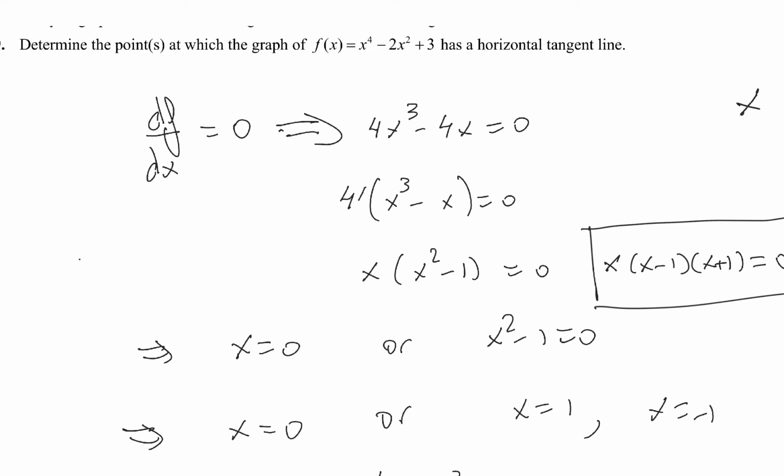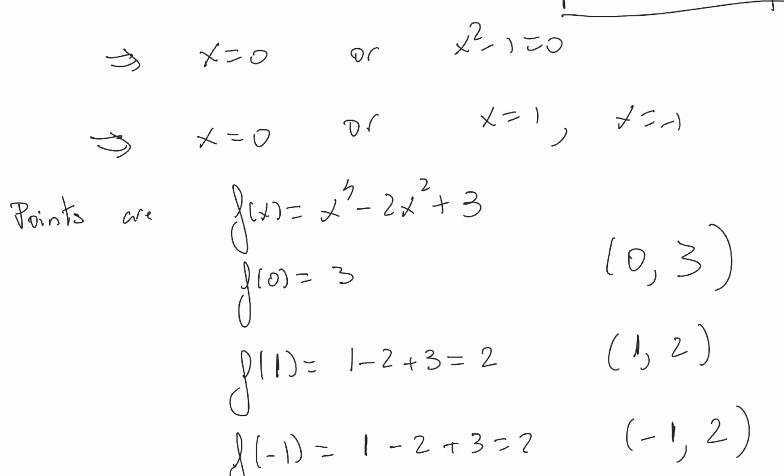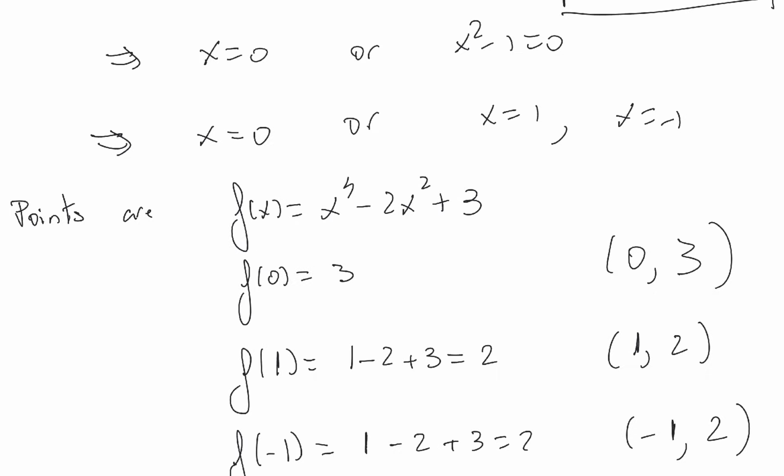And slope 0 means that the curve achieves a relative maximum or a relative minimum. So the critical points are at 0, 1, and minus 1.